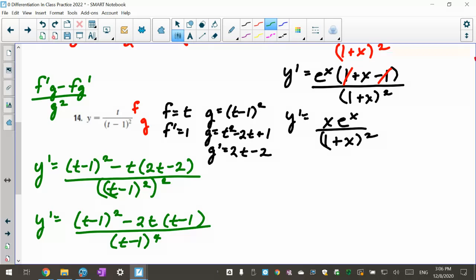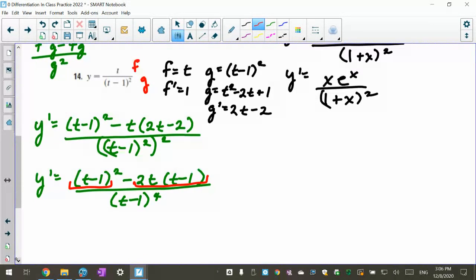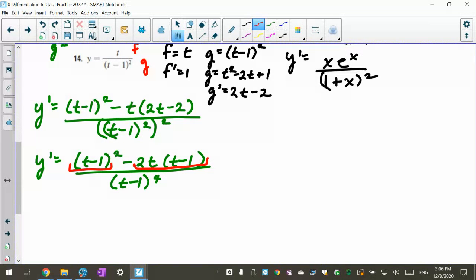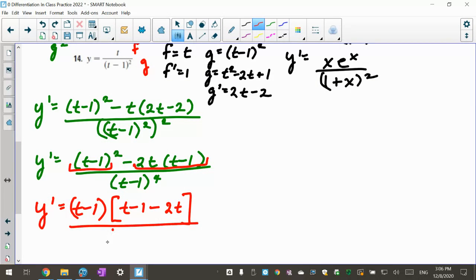So the reason why I did that is because now I see a t minus 1 in this term right here, and I see a t minus 1 in this term that maybe I can factor out and make it so I can simplify it because I have a t minus 1 to the 4th. So I have y prime equals, so out of both of these, I'm going to take out a t minus 1, factor that out. What I got left is I have 1 t minus 1 left for this one, and I have a minus 2t left in my second term because I'm dividing it here, all over t minus 1 to the fourth.